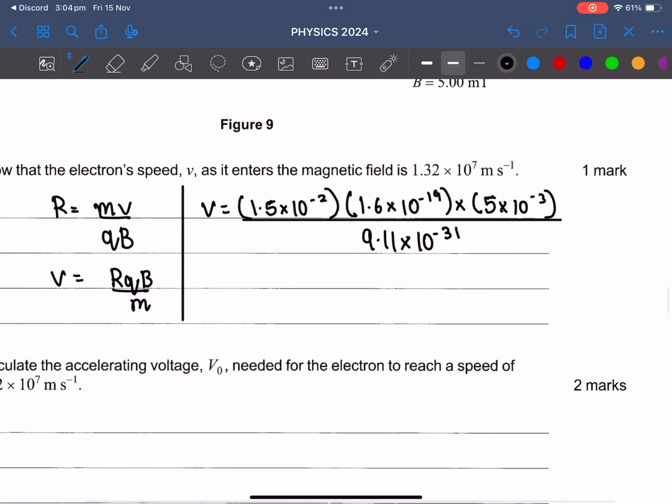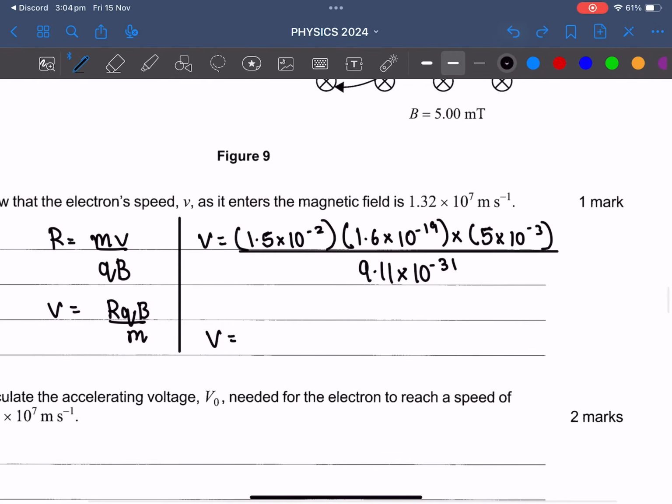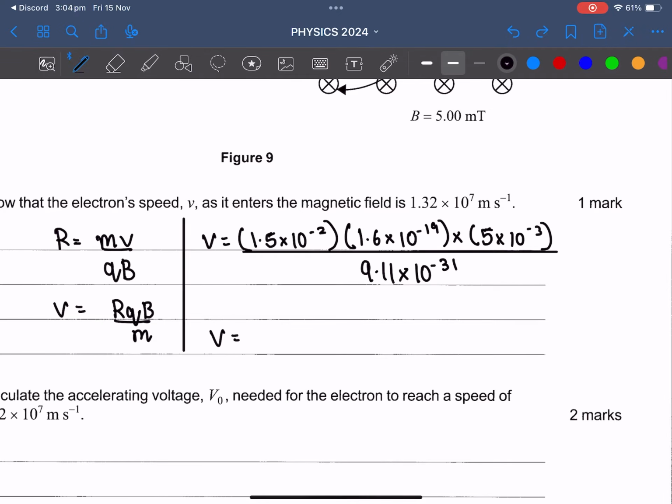Putting that in my calculator, it gives 1.3172, which is the same as 1.32 times 10 to the 7 meters per second.